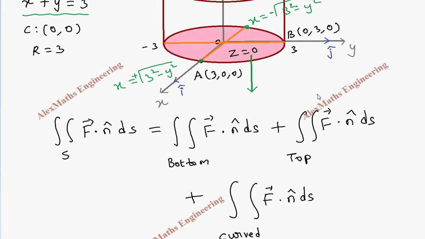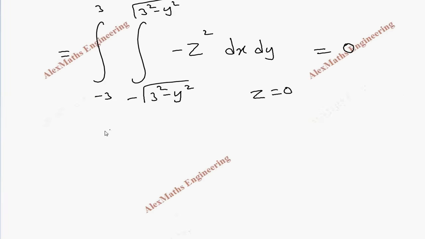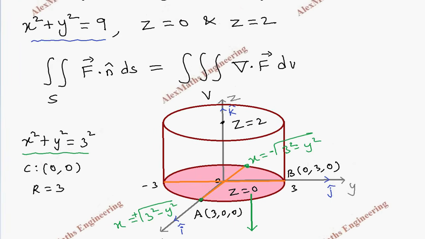Now coming to the second part, I2, this is the top surface. The bottom surface z is 0, top surface z is equal to 2. So the same thing I have to write again. In I2 we have double integral from minus root of 3 square minus y square to root of 3 square minus y square, and y from minus 3 to plus 3, of f dot k cap dx dy, because this is our top surface and n cap is pointing upward, which is along the direction of k.